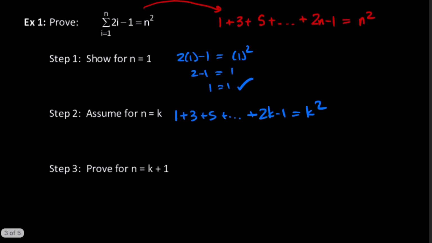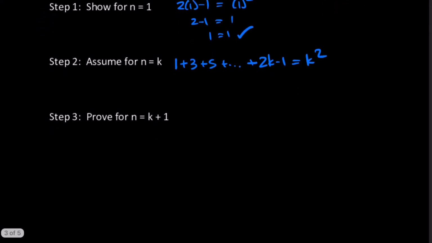So now this next step is the crucial step. What this is saying now is prove it works for n equals k plus 1. Well, if you think about how a series works, 1 plus 3 plus 5 plus 7 plus 9 dot, dot, dot, in order to get the next term, you need to include all of the terms prior to it.